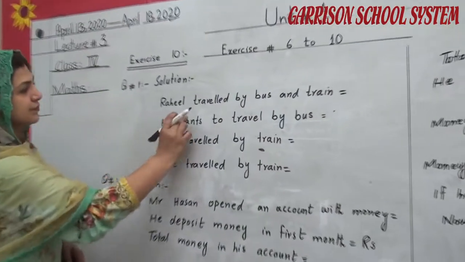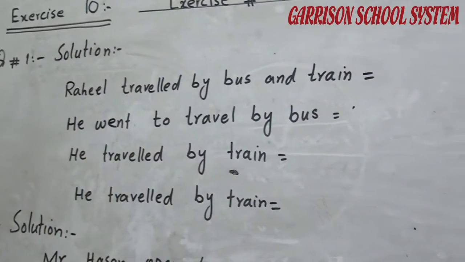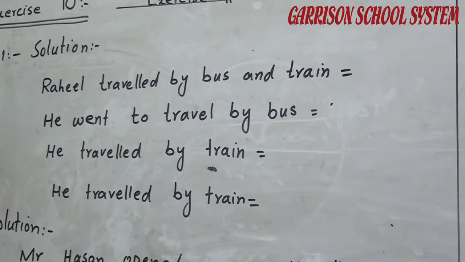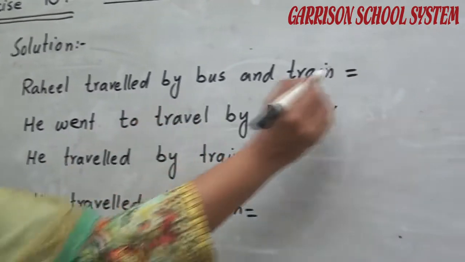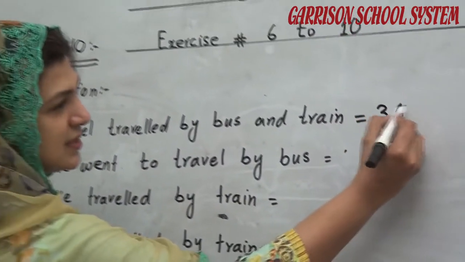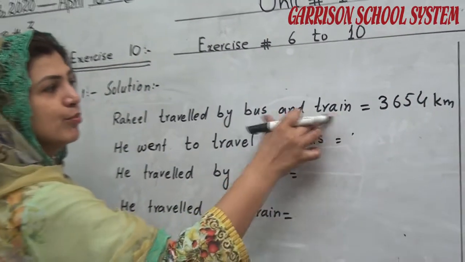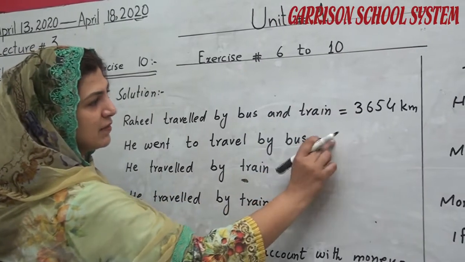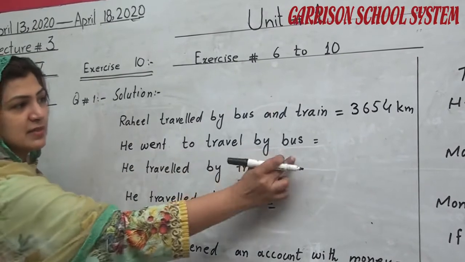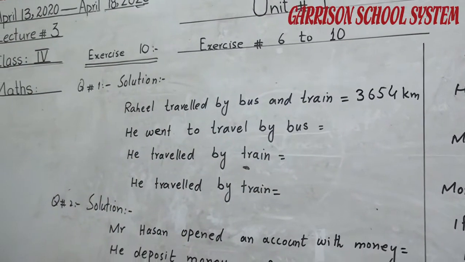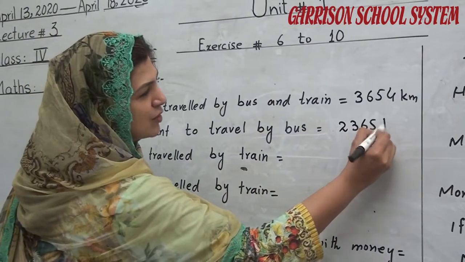So students, Rahil travelled by bus and train, a total distance of 3,654 kilometers, bus and train both. And he travelled by bus 2,365 kilometers.